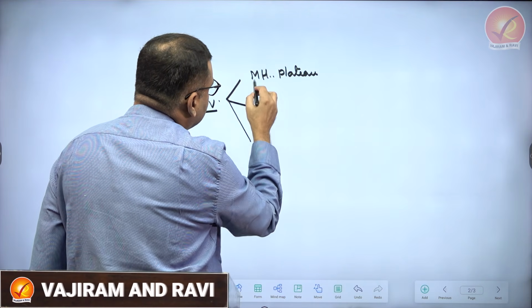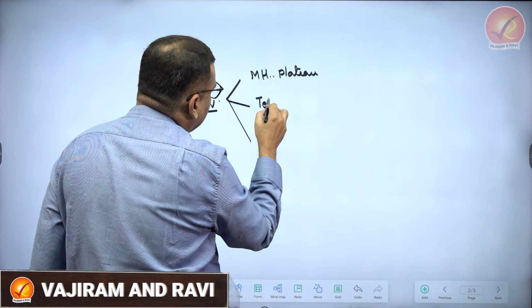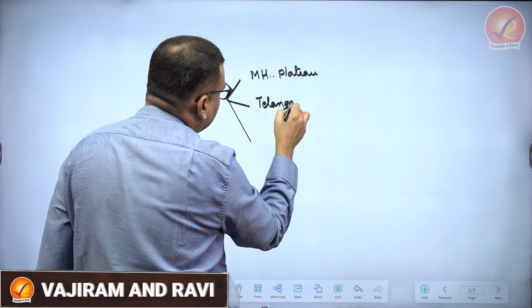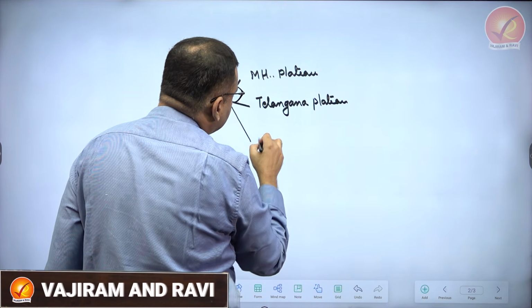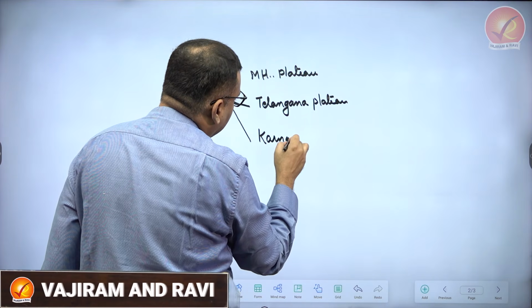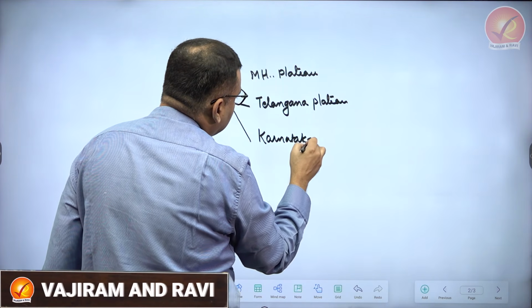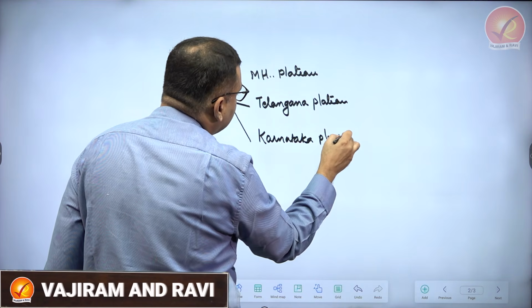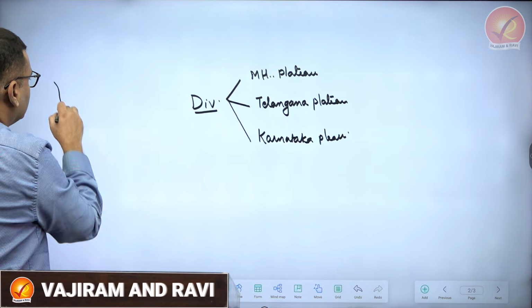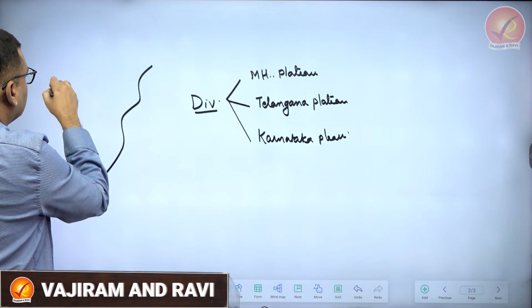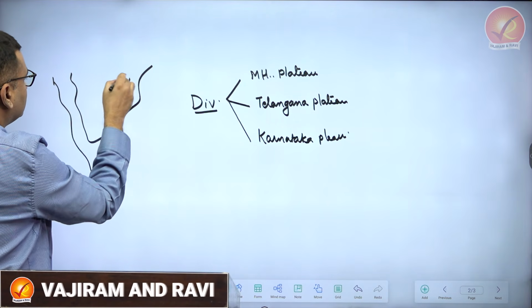Then number two is Telangana Plateau. This is the eastern part, and then is the Karnataka Plateau. So these are the three important divisions of Deccan. So if you see this here, this is the region of Deccan.